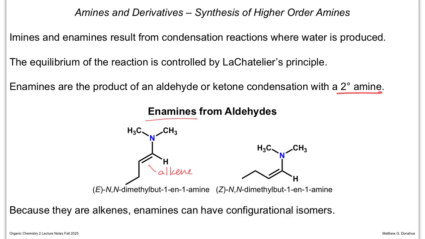So that's a mashup of an alkene plus an amine. So why is there a difference between a primary and a secondary amine going to different things? Again, that relates back to you have to produce water, H2O.